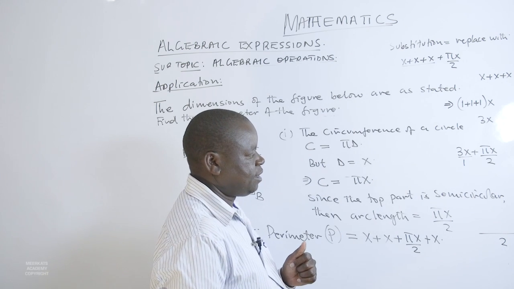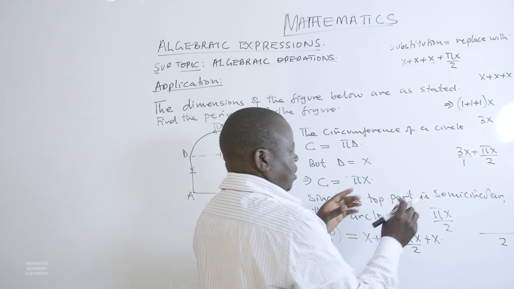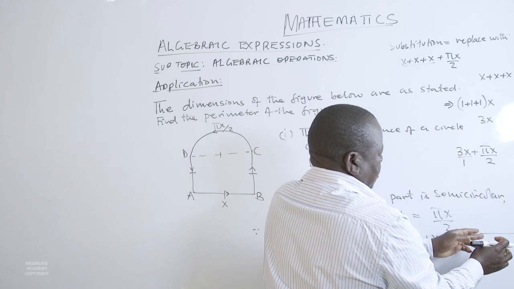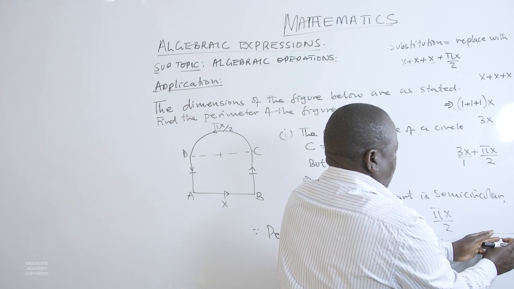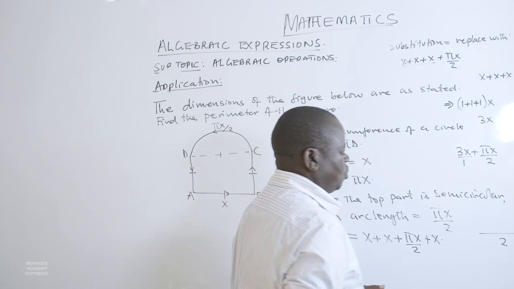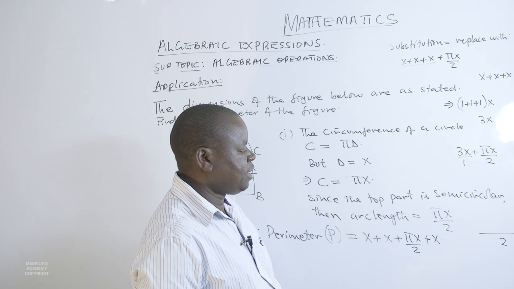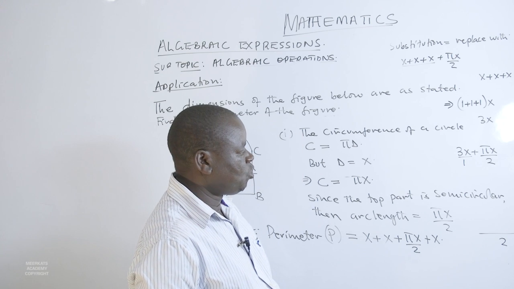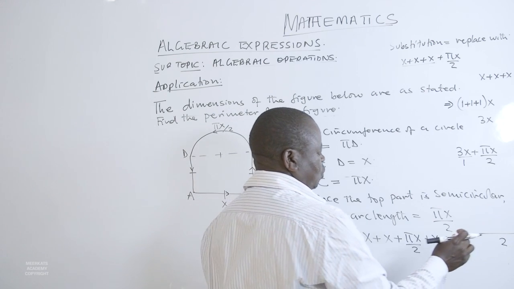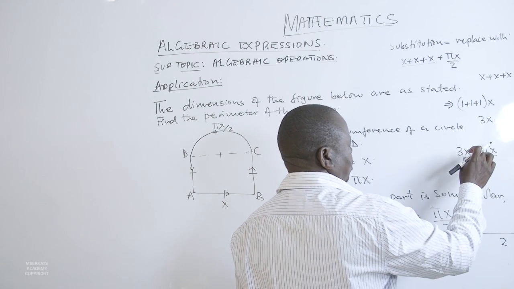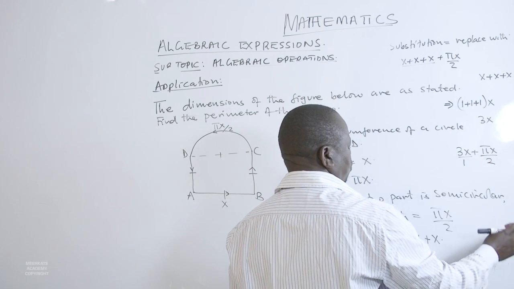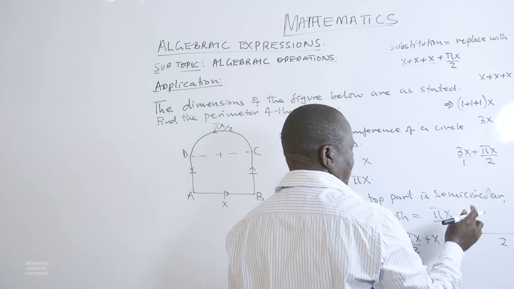We write 2 there. Then 1 divides into 2 two times, so it will be 2 times 3x.